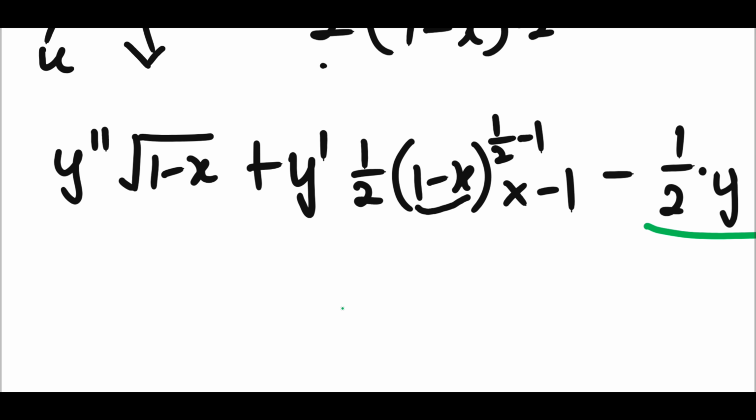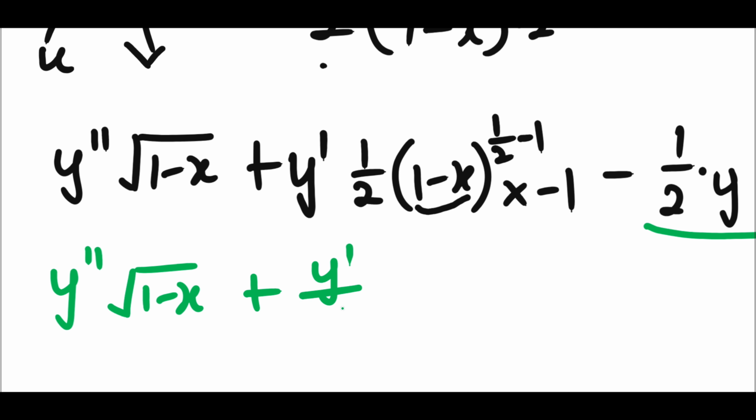So here we have y prime prime multiplying the square root of 1 minus x. Then here too we are going to have our y prime over 2, but here is negative, so negative 1 changes this one, and we get negative y prime over 2, then 1 minus x having a power of negative half.